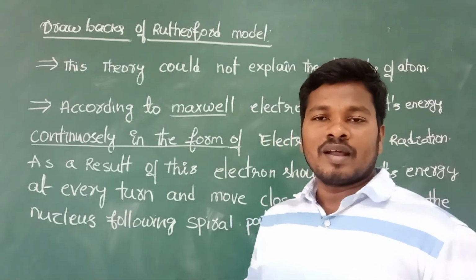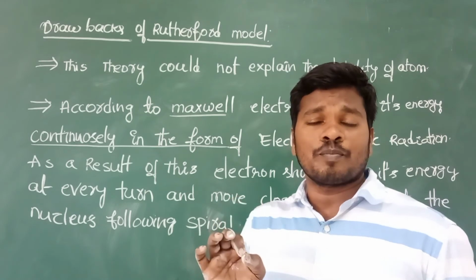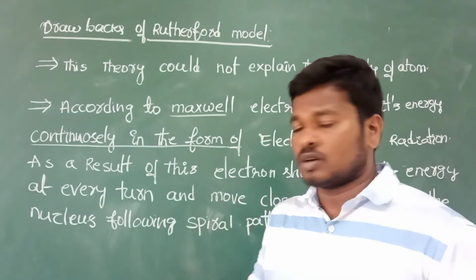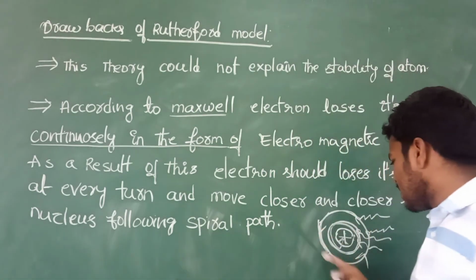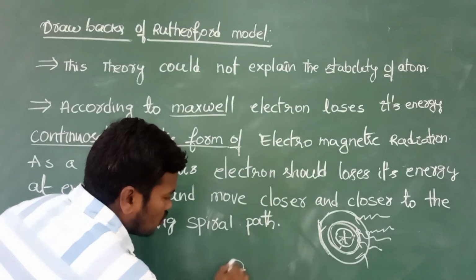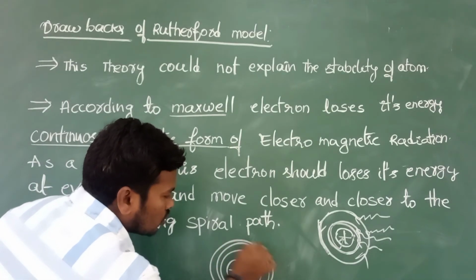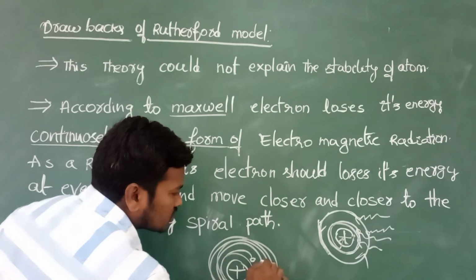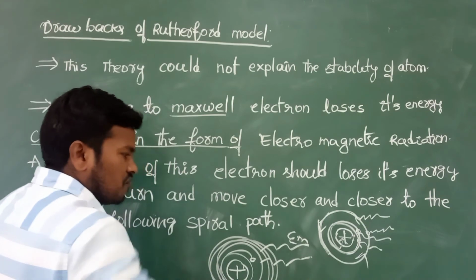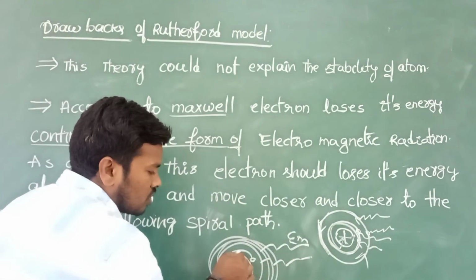But Rutherford is saying that electrons are revolving around the nucleus in a circular path with a high speed. Any object moving continuously will, after some time, lose its energy in the form of electromagnetic radiation.